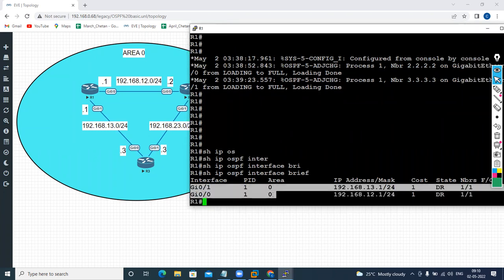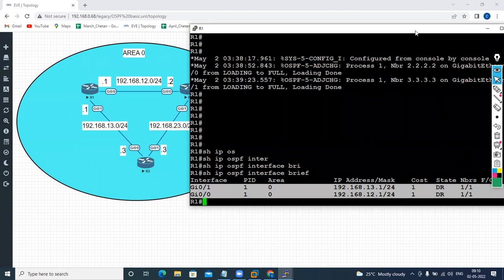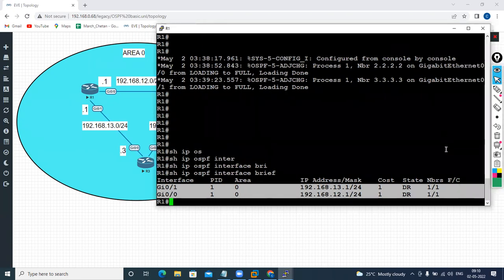It will show you the process ID, the area ID, the IP address and the mask, and the cost. We'll talk about DR, BDR, then it's about the neighbors. This is a good command to troubleshoot if you're stuck in OSPF. It will show you everything: the process ID, area ID, common subnet, who is the DR, who is the BDR.